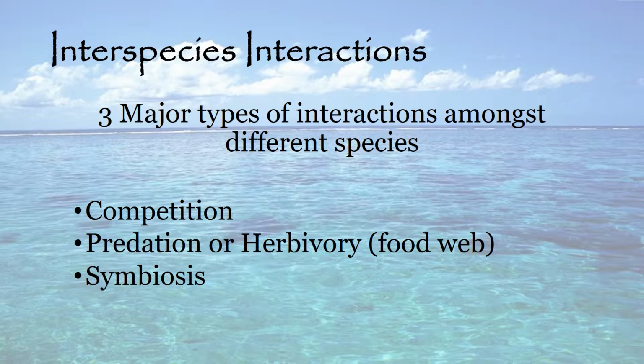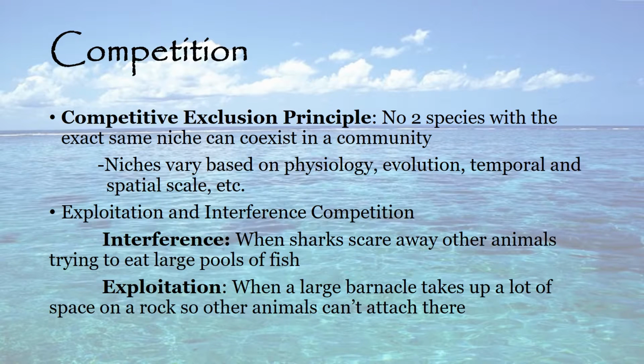So, interspecies interactions. There's three major types of interactions amongst different species. So there's competition, there's predation or herbivory, and there's symbiosis. So, competition. A major theory and principle in ecology is this competitive exclusion principle.